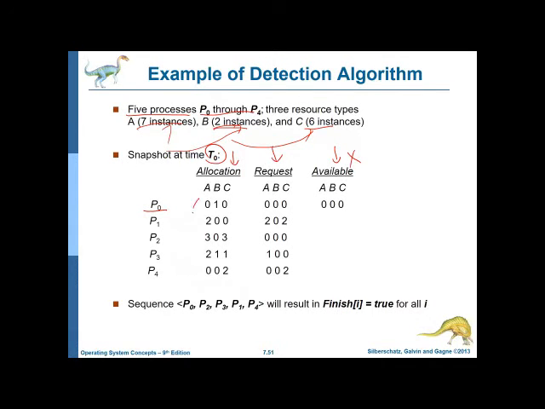Is any of the allocation completely 0? No, at least something is there, right? When I say allocation is equal to 0, it should be 0, 0, 0 for all the resource types. But in this case, B is given 1, here A is given twice, and so on. So none of them are actually equal to 0. So all of the finish are false.